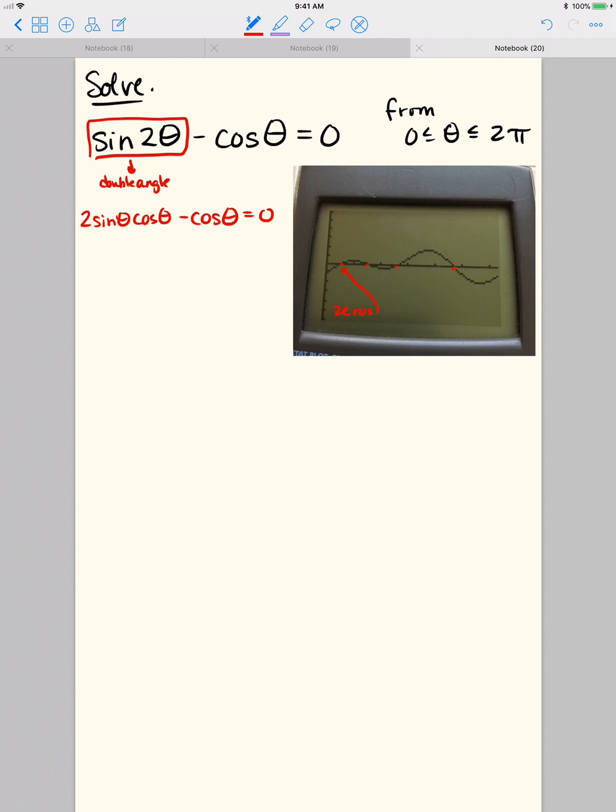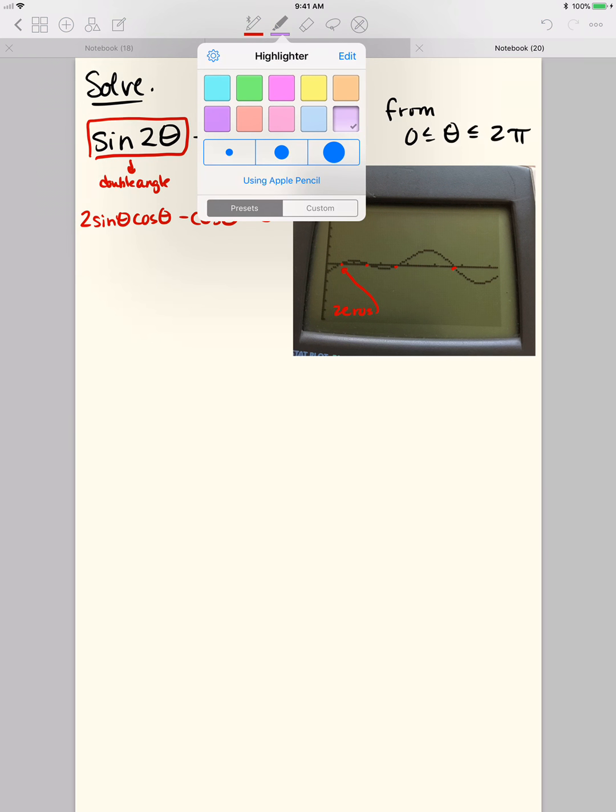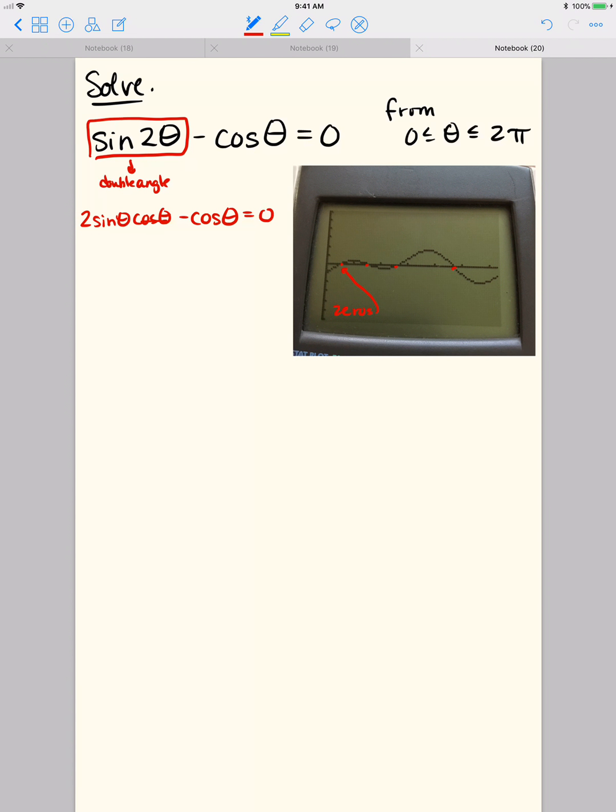I can note that I have 2 separate terms which both have a cosine in them, so I could factor out a cosine. It's a single cosine. And I'm left with 2 sine theta minus 1. And now I have 2 separate quantities that are being multiplied. Again, nothing needs to be simplified. It's just one single cosine and then a single sine that I could solve.